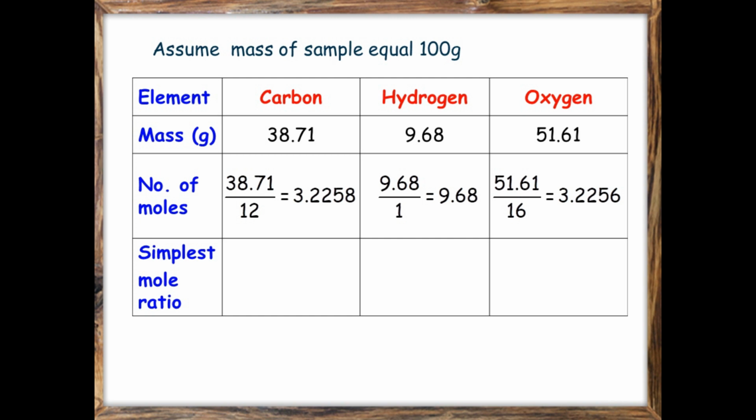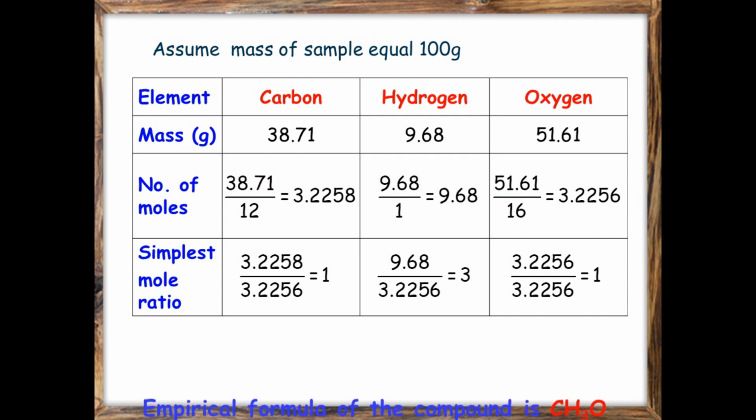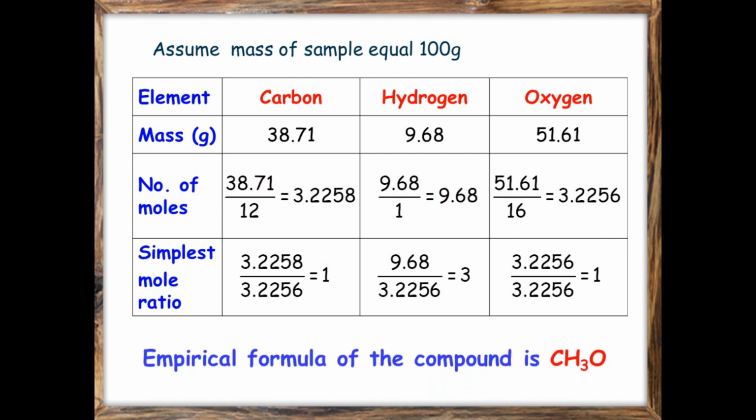The smallest number of mole is 3.2256 mole, which is the number of mole of oxygen. The simplest mole ratio of carbon is equal to 1, hydrogen is equal to 3, and oxygen is equal to 1. Thus, the empirical formula of the compound is CH3O.